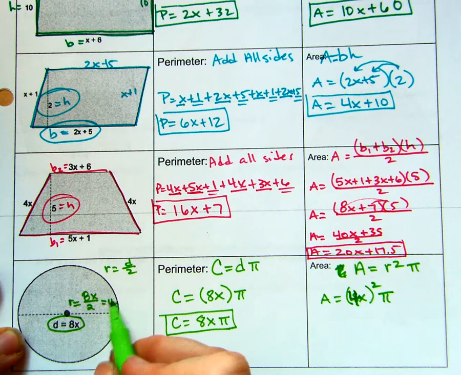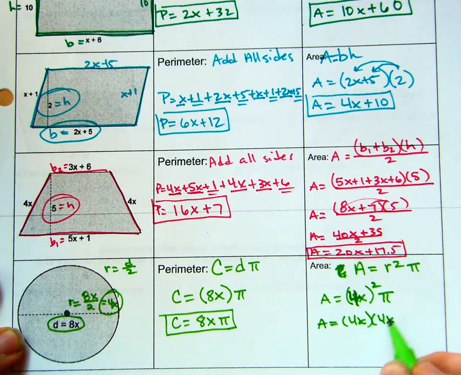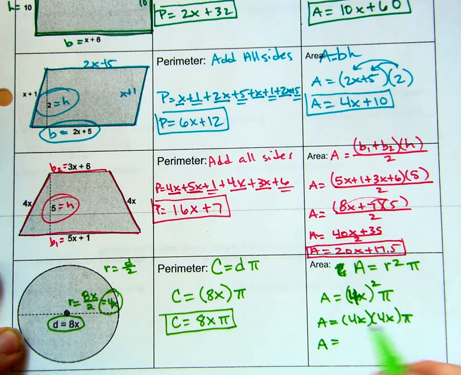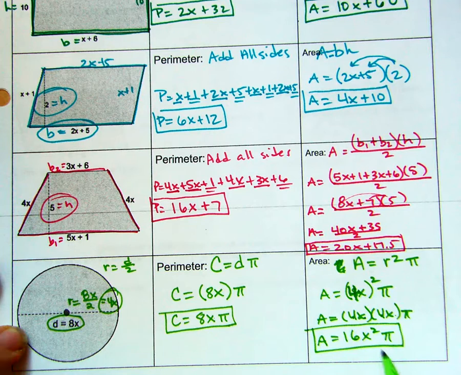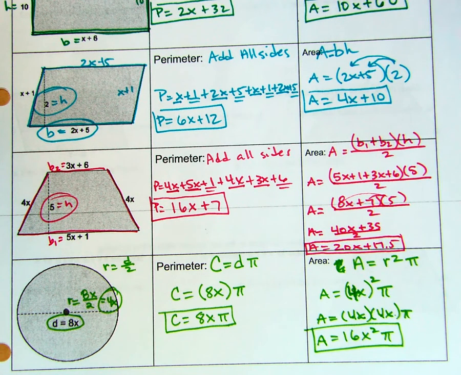Remember, we took half of it to make radius. And that is 4x times 4x times pi, because that's how you square something, multiply by itself. 4 times 4 is 16, and x times x is x squared, pi. And that's your answer. You can multiply 16 times pi and get 50.1 or so, but it is not necessary. This, again, is considered an exact answer.